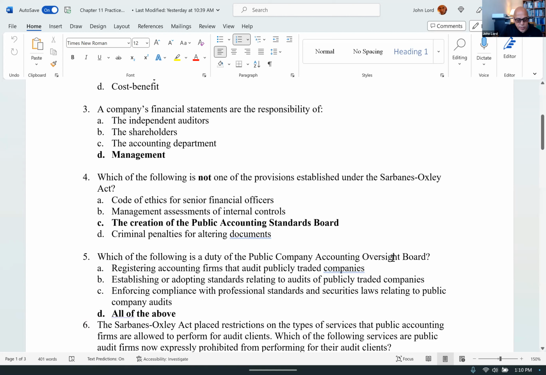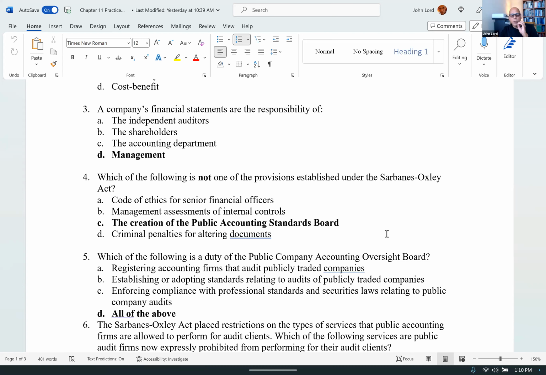Which of the following is not one of the provisions established under the Sarbanes-Oxley Act? We have these different options, but look at the right answer: creation of the Public Accounting Standards Board. No, it was what? Public Company Accounting Oversight Board, yes.